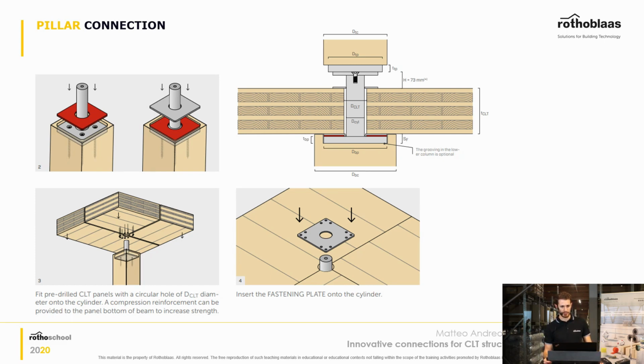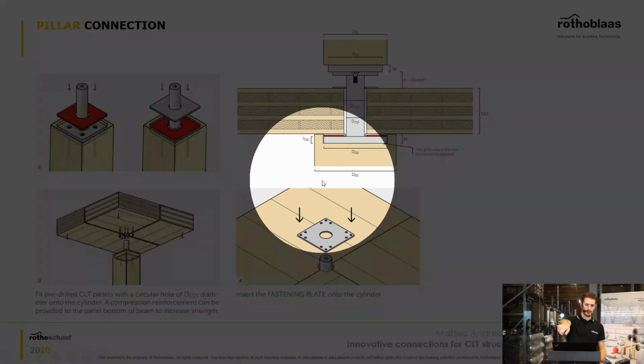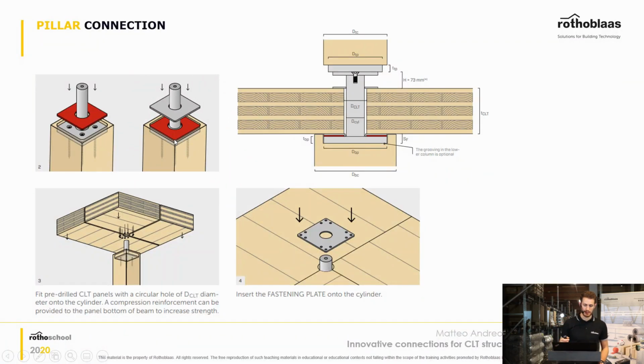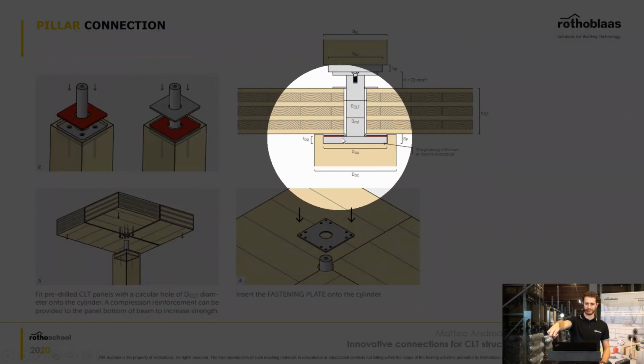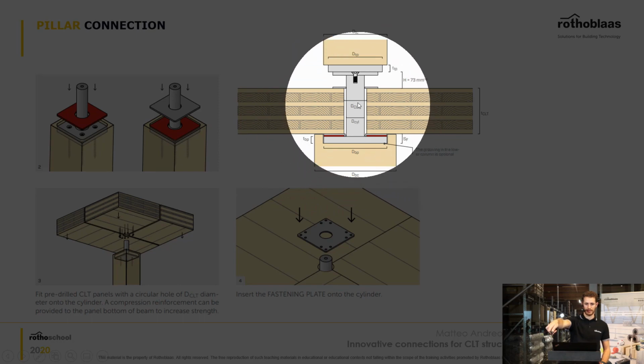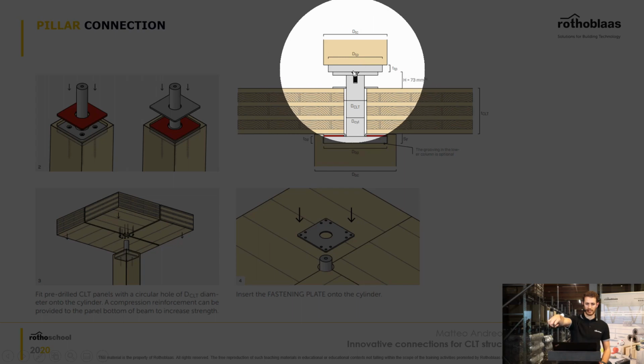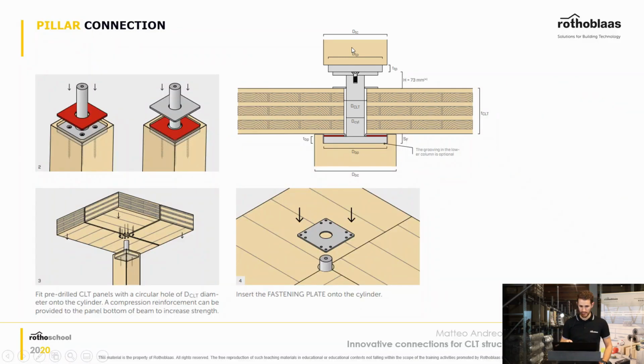You can see here how the pillar works, how the connection works. You can see that you can also place a washer to avoid the noise from passing from one level to the other. And it's very simple and very straightforward, because you basically have a bottom plate, your little steel column that you have here, and an upper plate which gets connected with the upper column.